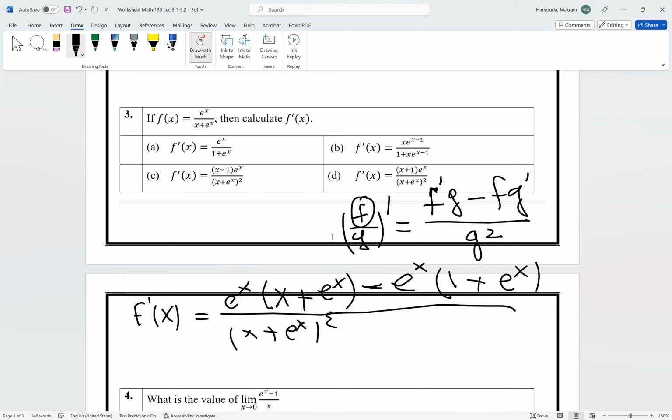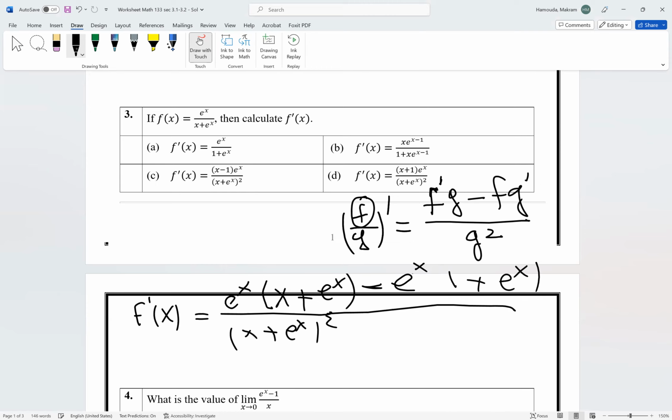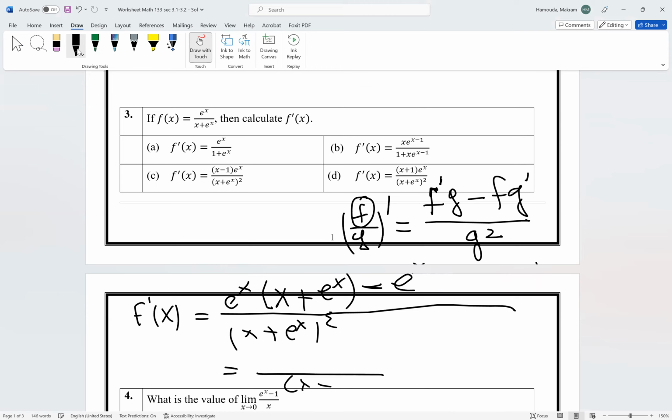And now I will put e^x in factor. So I will have (x plus e^x) squared in the denominator. And in the numerator, e^x, then when I put e^x in common factor, clearly I will have x plus e^x minus 1 minus e^x.